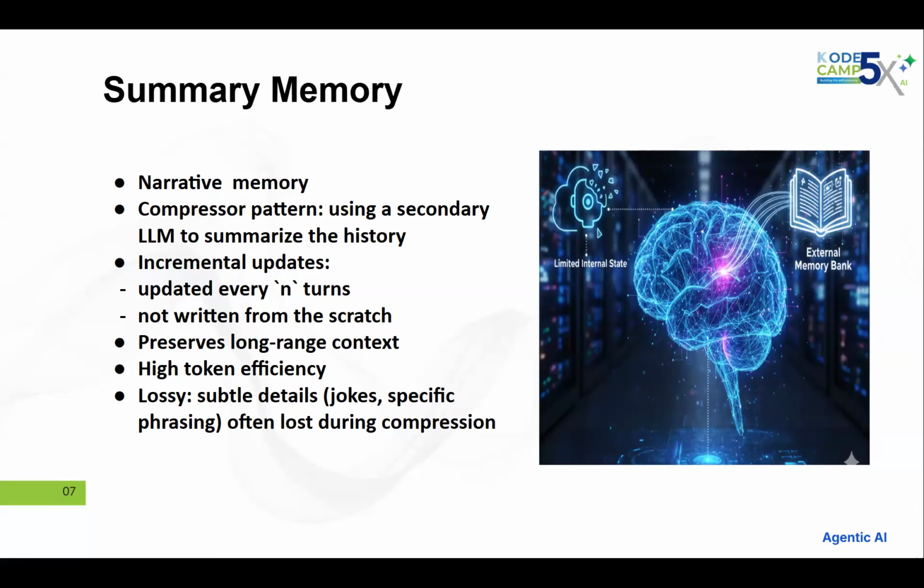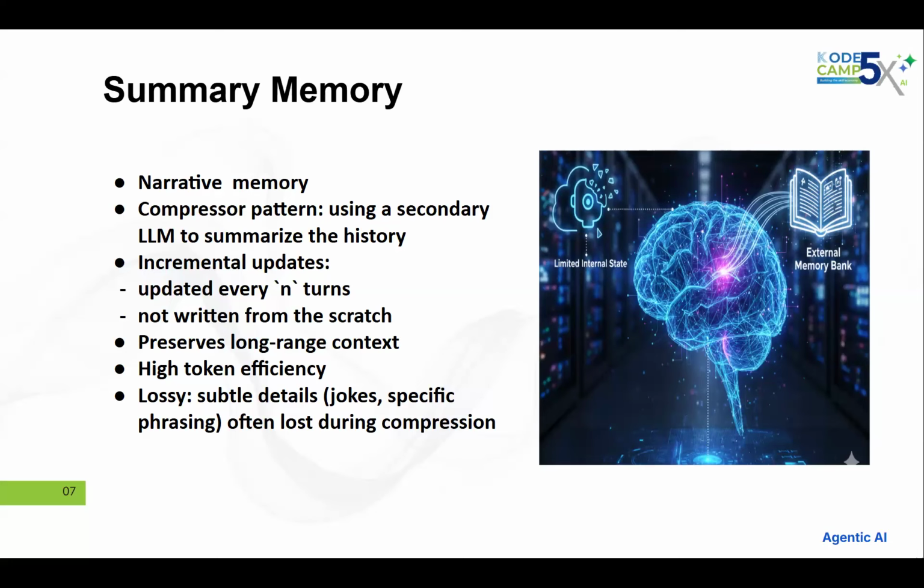Now, preserving long-range context is the advantage of the token efficiency of summary memory, because it requires less storage space to capture the same information. You have more space to store history over a longer period.